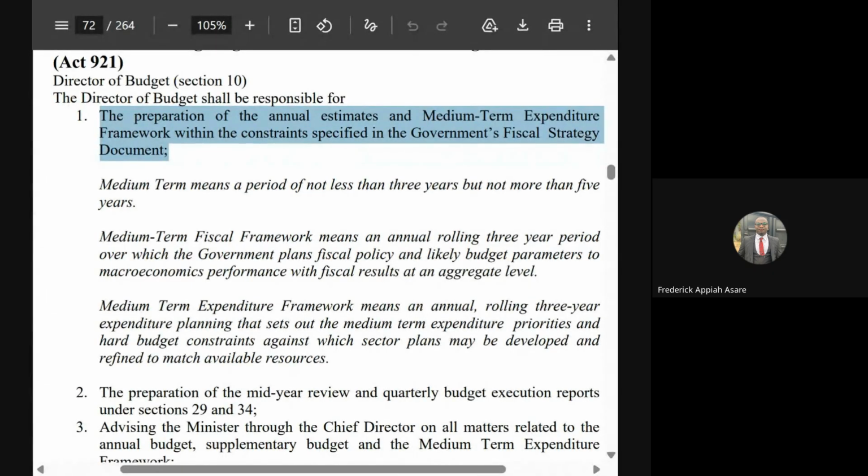Before they prepare it, the Minister of Finance or the government will tell them their medium-term goals or fiscal strategy. You will hand it over to them and tell them this is what I want to achieve. So based on what they want to achieve, they will prepare their budgets.